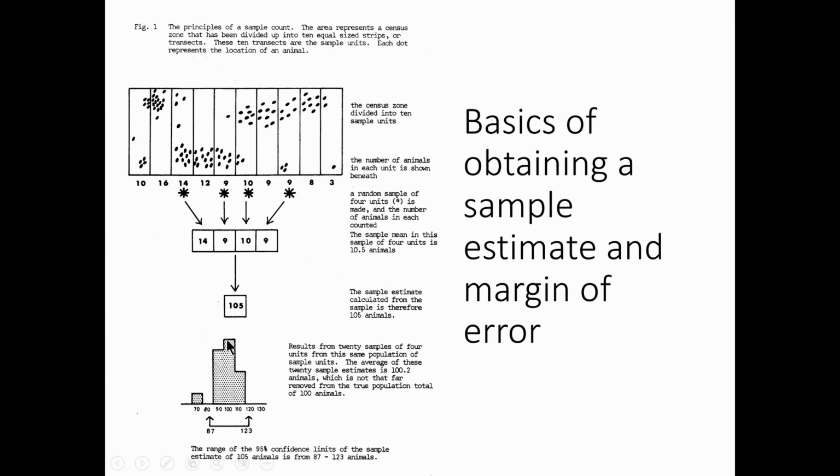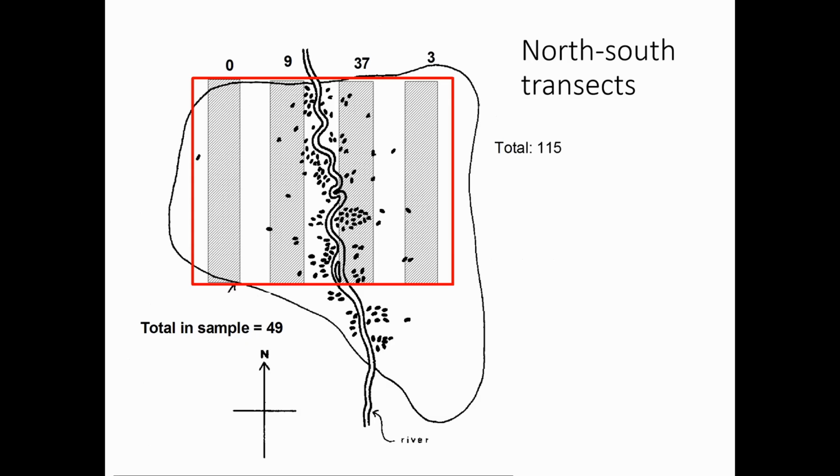By looking at the variability between these sample units, we come up with a margin of error, like a 95% confidence interval of, say, 87 to 123 animals. So here you'll see the animals are more clustered, but this is still generating a very useful result, though of course this is purely conceptual.